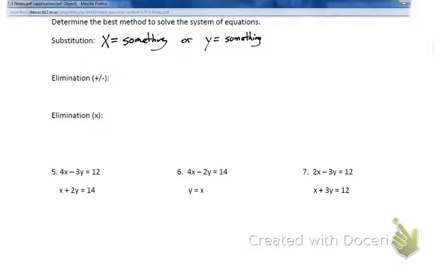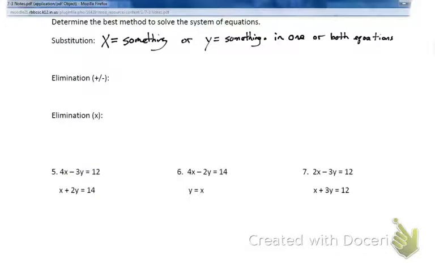So when you have x or y all by itself in one equation, I should probably add that this is for one or both equations. If that's the case, you're ready to use substitution.